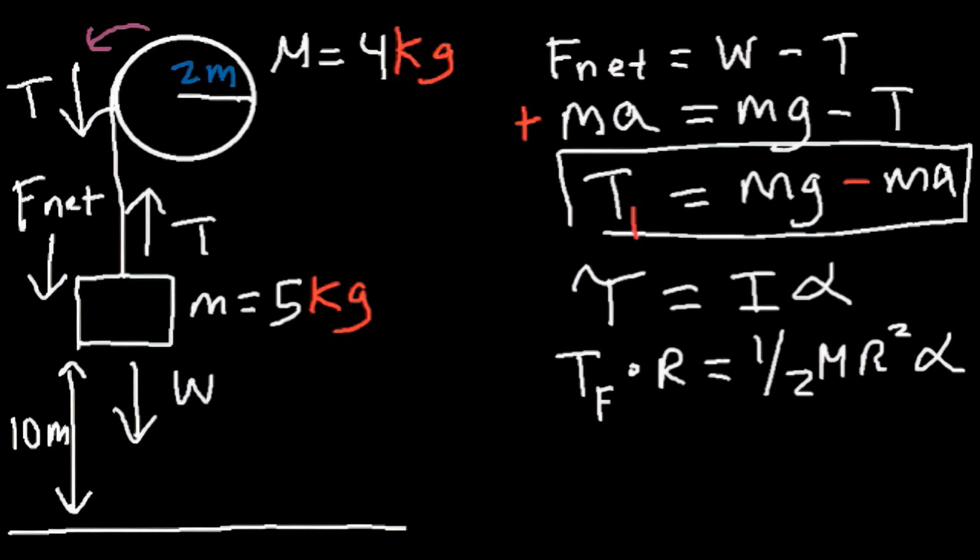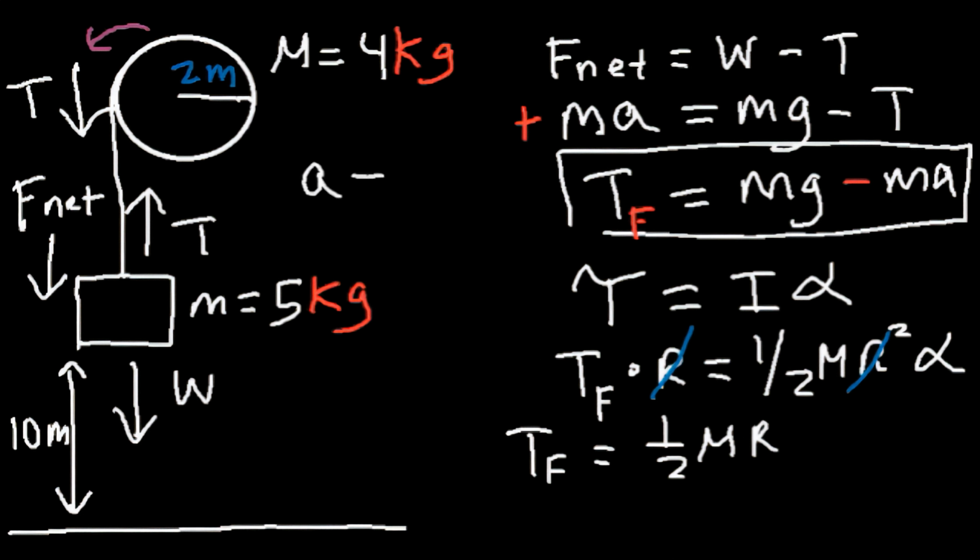So this is TF, tension force. So we could divide both sides by the radius. So therefore the tension force is equal to 1/2 the mass of the pulley times the radius times alpha.